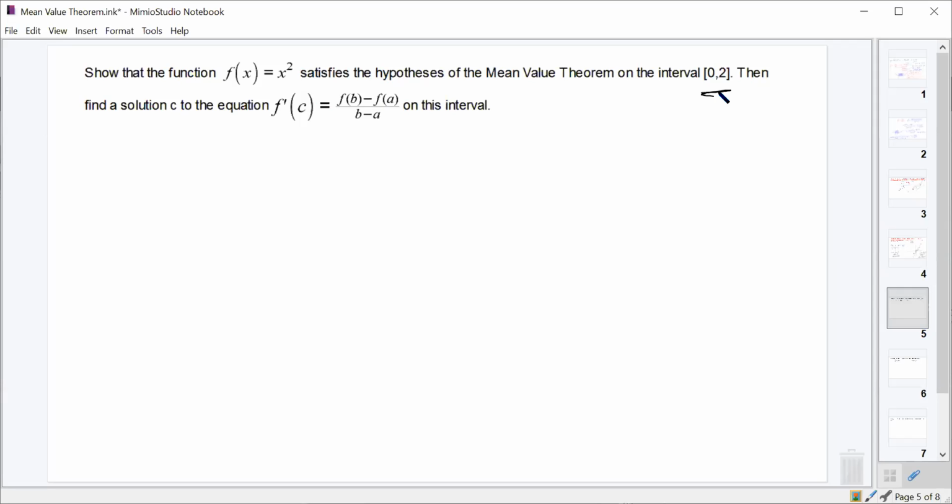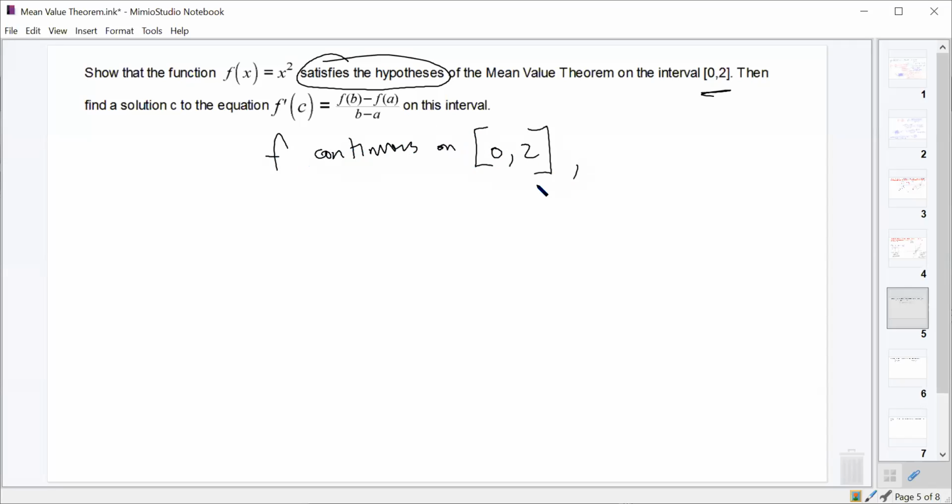He was wrong also. So the first thing we have to do is make sure it satisfies the hypotheses of the mean value theorem. Then we will take the derivative. So don't worry, there's still going to be a derivative in here. What's the first hypothesis of the mean value theorem? That the function must be continuous on the closed interval 0 to 2.